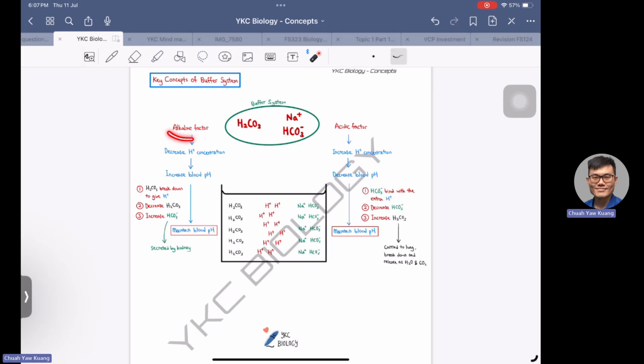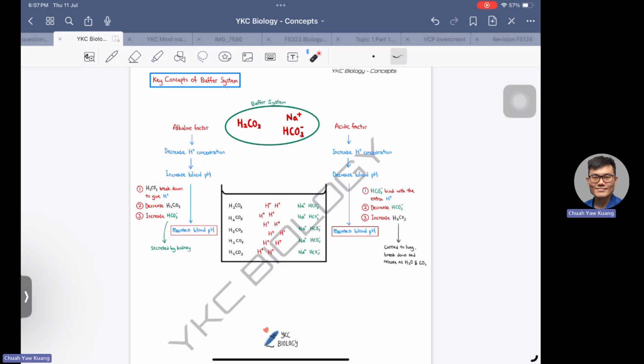When there's the presence of an alkaline factor, it can be due to the diet, it can be due to hyperventilation. When there's a presence of an alkaline factor, it is going to decrease the hydrogen concentration in our blood. A decrease in the hydrogen concentration means that it would increase our blood pH.